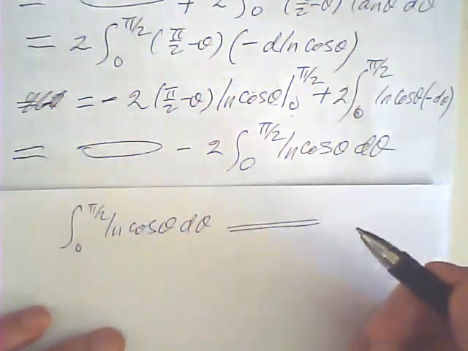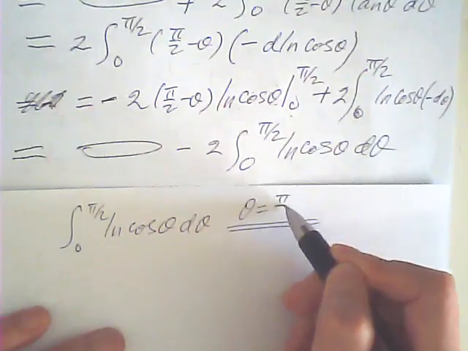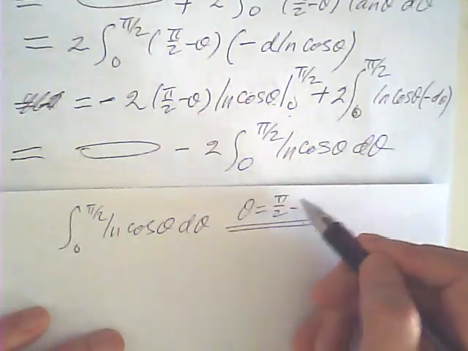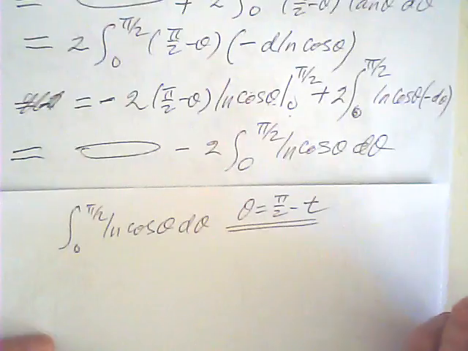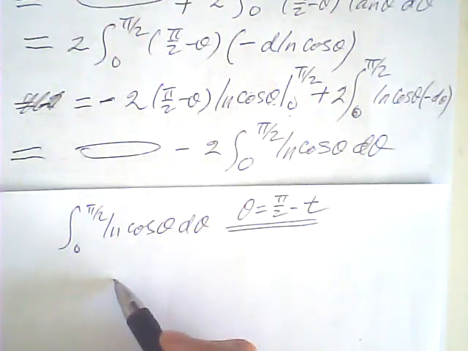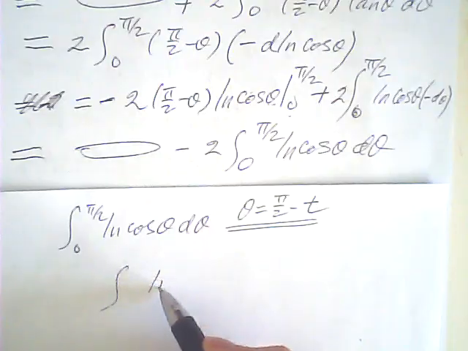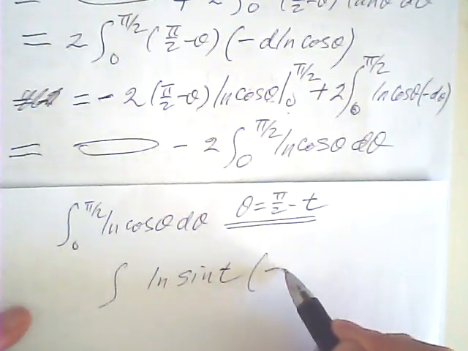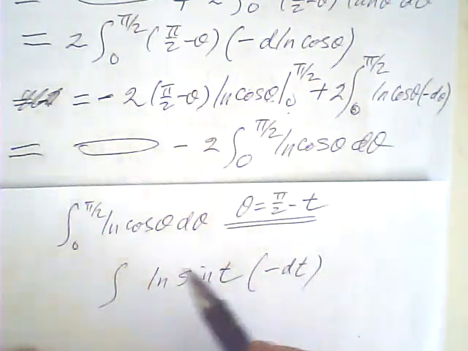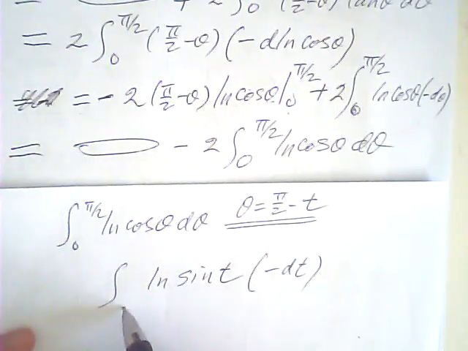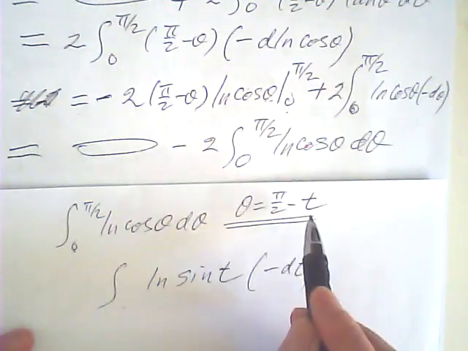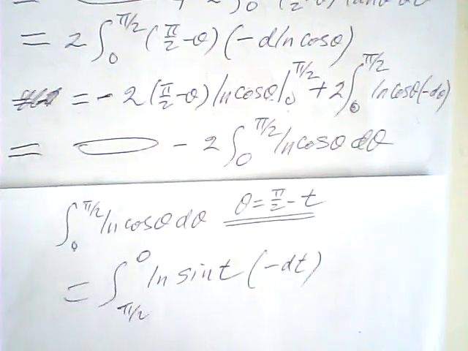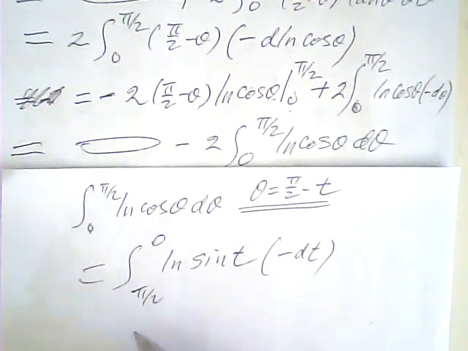Well, if we use theta equal to half pi minus t, okay, then this one goes to log sine t, and this negative dt. And when theta is 0, t will be half pi, and this is 0, right?